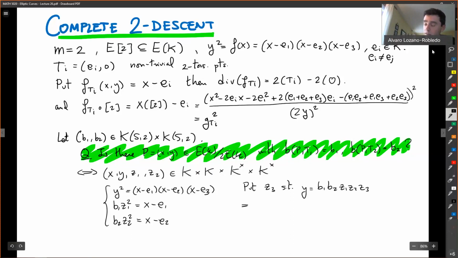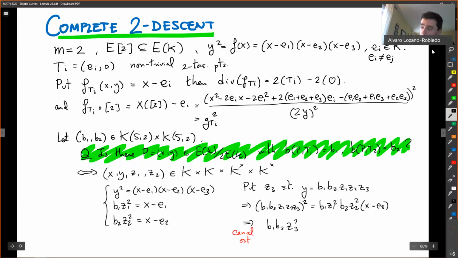Then what happens? Then if you plug that into the equations on the left, this is b1 b2 z1 z2 z3. The y coordinate squared is x minus e1, but x minus e1 is b1 z1 squared. x minus e2, that's b2 z2 squared, and x minus e3. And then if you cancel out terms, what do you get? There's going to be a copy of b1 and b2 left on the left, the z3 squared, and that is equal to x minus e3.